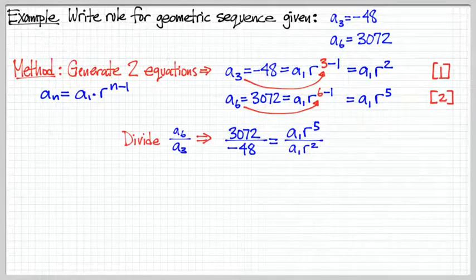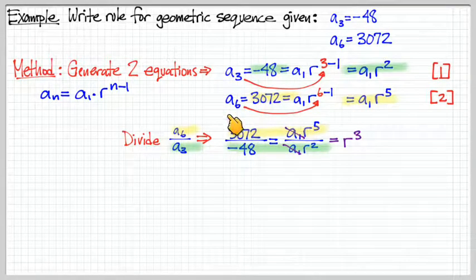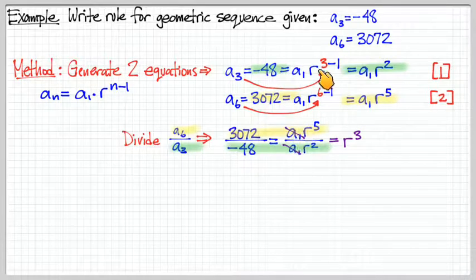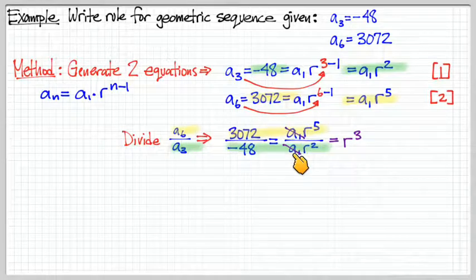The secret here is we're going to divide equation 2 by equation 1. So this is what I mean by that. We're taking everything in yellow here, the 3072, the A_1 r to the fifth, and we're going to divide that by the green here, the negative 48, the A_1 r squared.